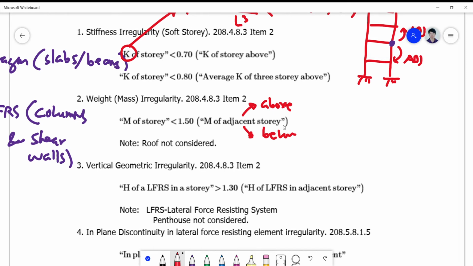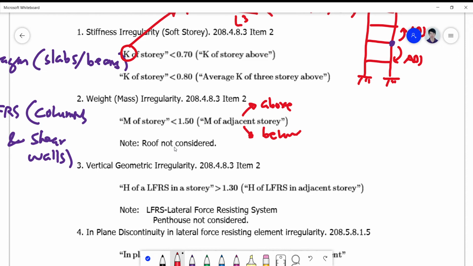That's the difference between the specific term above and the term adjacent. Of course, there's a note here that if it is a roof, you don't consider it as an irregularity because roofs are very light compared to floors.